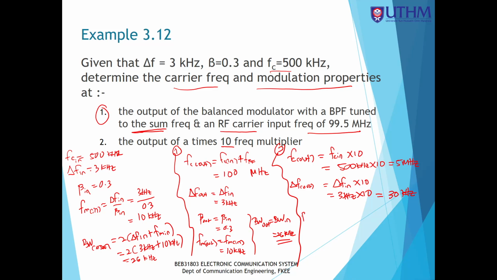Beta out is equal to beta in multiplied with 10, so 0.3 multiplied with 10 gives 3.